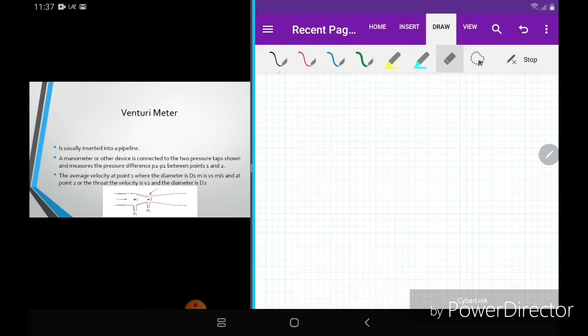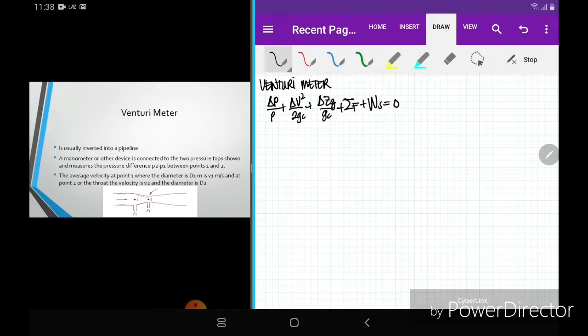So, for venturimeter, okay, using the formula delta P over density plus delta V squared all over 2G sub C plus delta zg over G sub C plus the summation of all the friction losses plus the shaft work is equivalent to 0.